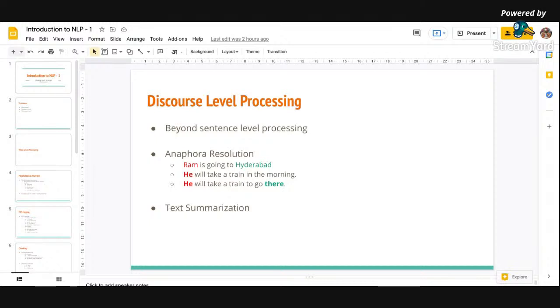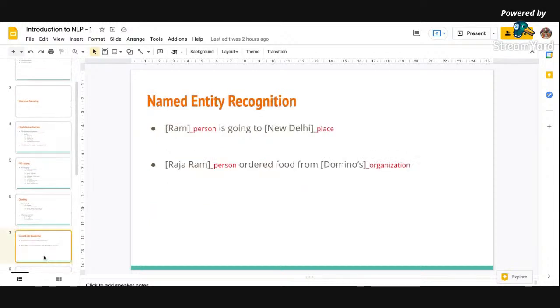For example, if you want to know more details about named entity recognition, it is a popular task and there are Wikipedia articles on it. You can go to the Wikipedia article and study in more detail what the different tags are, what the different ways of doing it are, and whether open source tools are available for it, etc.